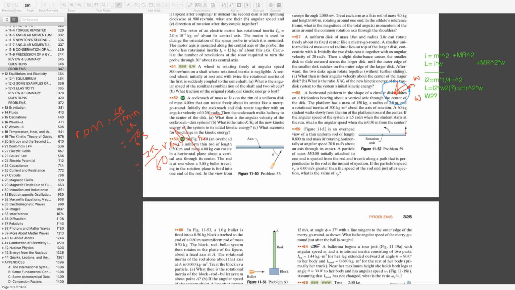You get 12/9, which would be 1.33. Exactly. And omega naught is given, and so then you get the final. That makes sense, because once you have those things together, you can cancel out the m r squared, and then you just have 4 times 3 over 9 times omega naught, and that gives us our omega final.